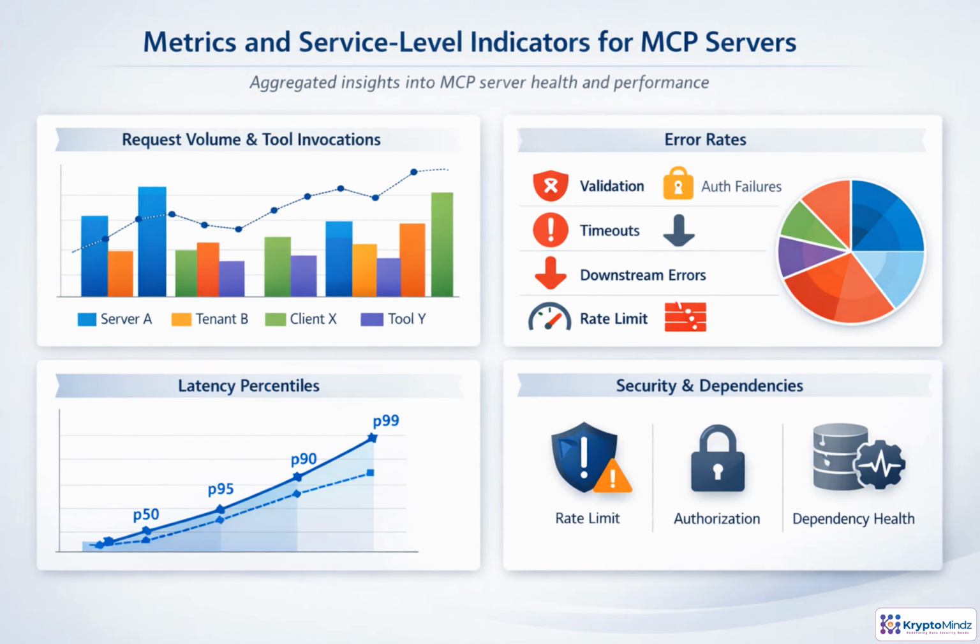For latency, percentiles matter more than averages. A healthy P50 can hide a painful P99. Include trust and resilience indicators too, such as auth failures, rate limit activity, and dependency health. Together, these become service-level indicators that show whether the server is fast, reliable, secure, and scaling correctly.